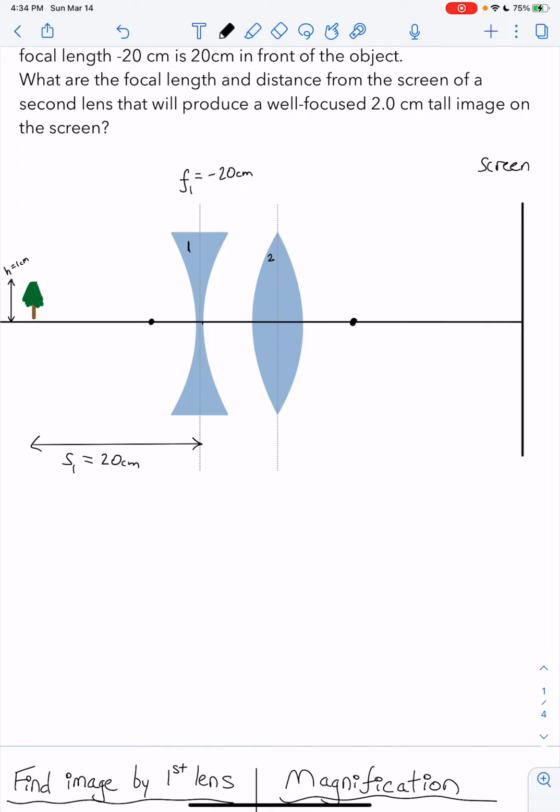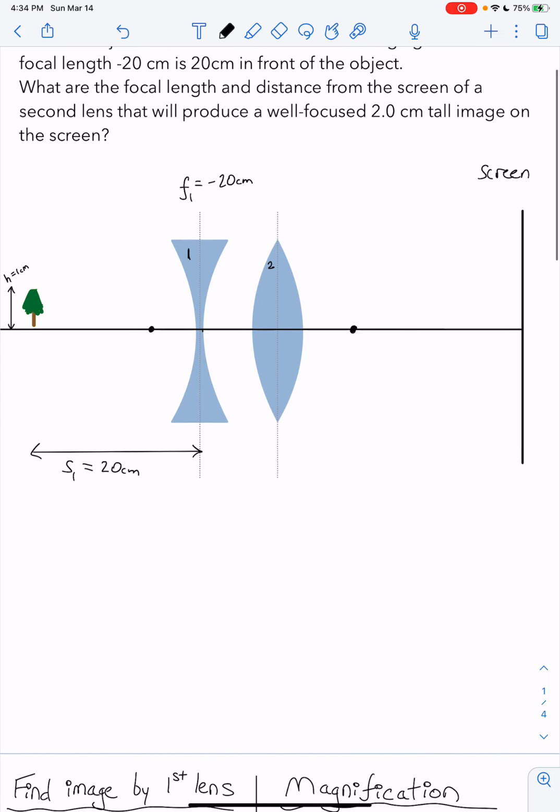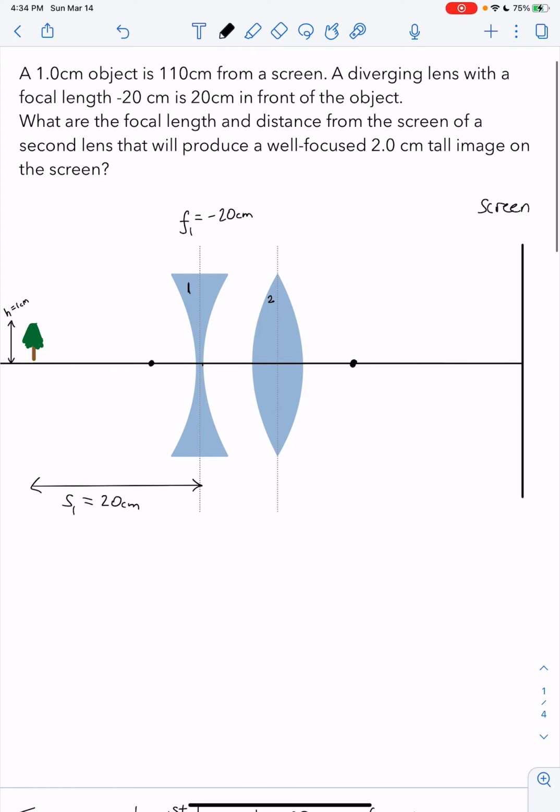Now we're also told the focal length and the distance from the screen of a second lens. We're not told what type of lens this is, but we are told that this combination of two lenses will produce a well-focused 2 centimeter tall image on the screen.